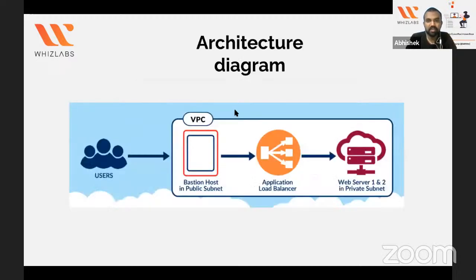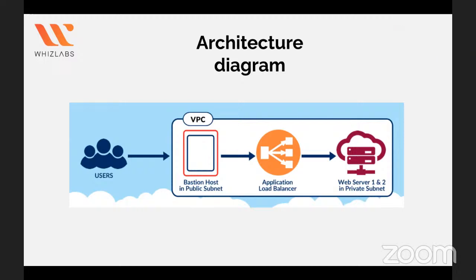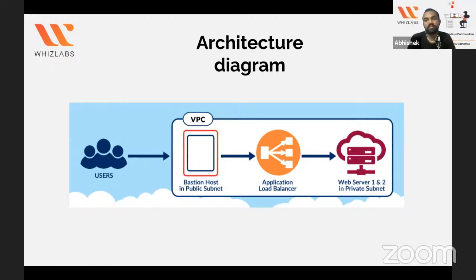And let's begin. This is the architecture diagram of what we are going to see today. This is just a sample of how a user can access a Bastion host and the application load balancer having web servers. Usually in a traditional three-tier application, there is a load balancer, or a front end, acting as the public part which is accessible by the users.